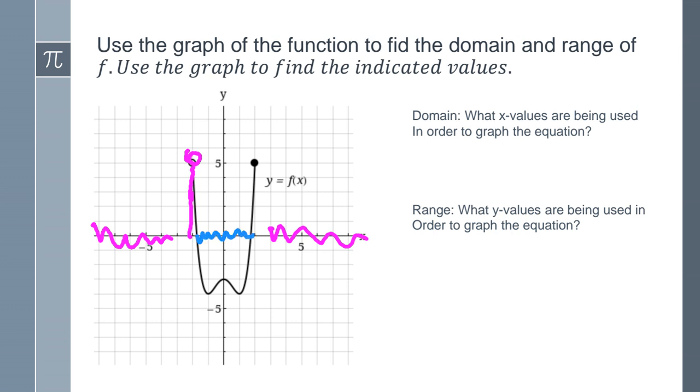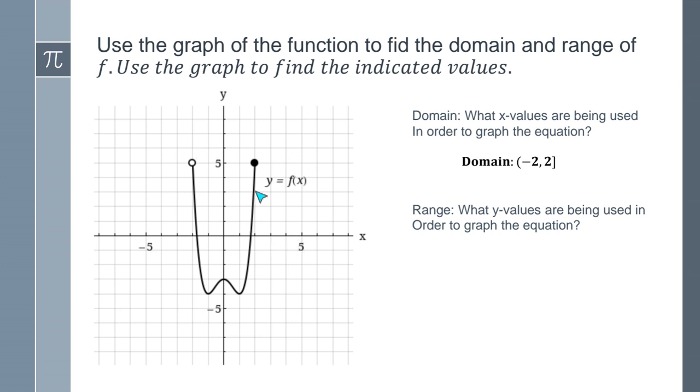So the way we can write our domain is going to go from -2, which is right here, all the way to +2. And I use a parenthesis right here since I'm not including this -2. And then I use a bracket since I have a closed dot.